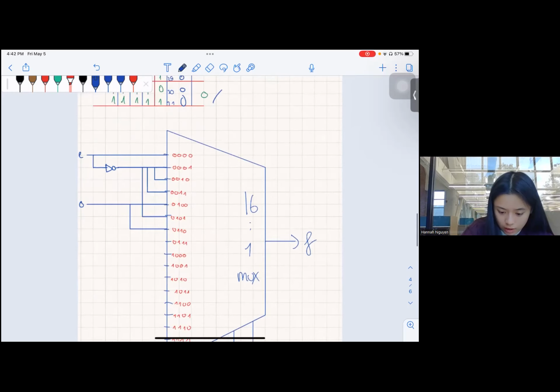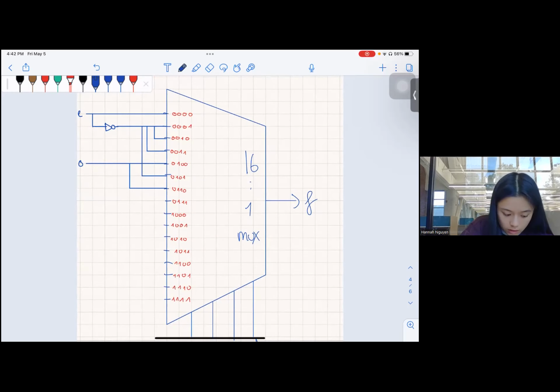For easy, I'm going to write the input for each of these A, B, C, and D right here. So this is E, this is E negate, E negate, this is E negate, this is 0, this is E negate, this is 0, this is E, this is 0. This is just what I'm doing by writing out the input for each group of A, B, C, and D according to the table above.